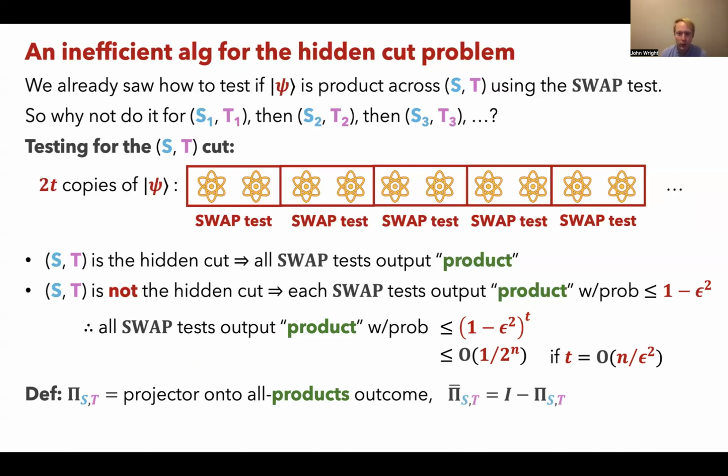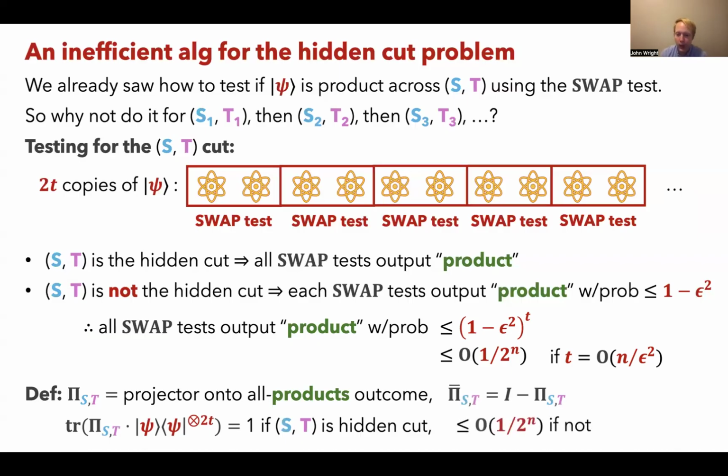So this is the case when at least one swap test returns the word entangled. And what this says is that if we look at the trace of pi S,T times our 2t copies of psi, that's equal to 1 if S,T is indeed the hidden cut, and then it is at most 1 over 2 to the n if S,T is not the hidden cut.